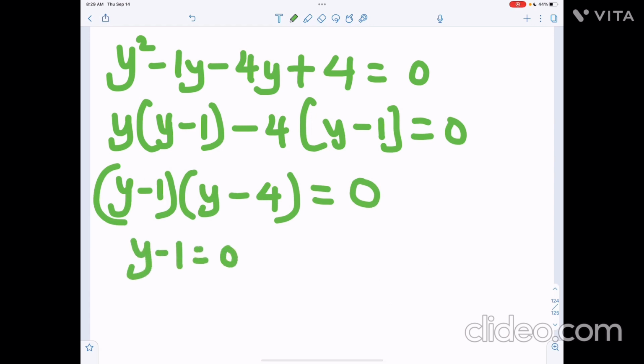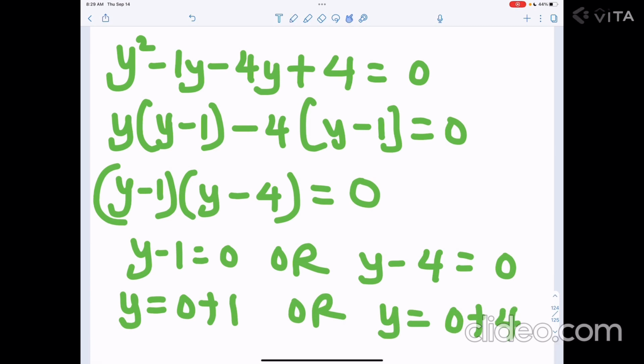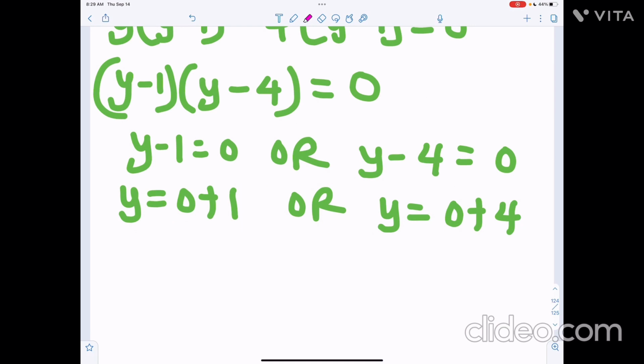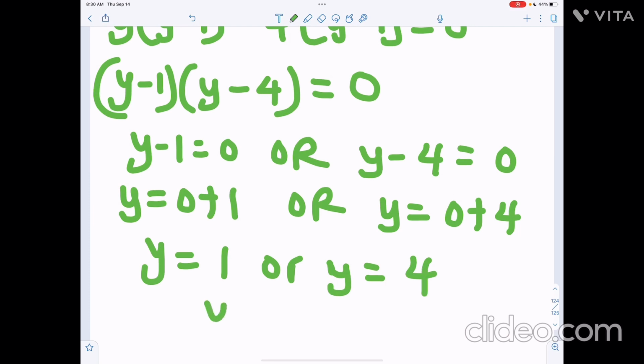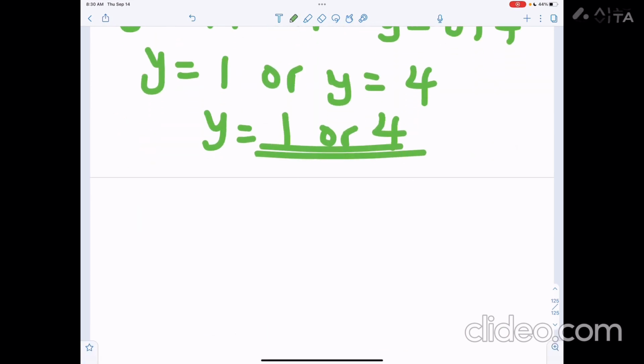So y minus 1 is 0, or y minus 4 is 0. y is 0 plus 1, or y is 0 plus 4. I will soon start skipping these steps. I'll just write y is equal to 1 or y is equal to 4 straight. Take note of that. y is equal to 1 or 4.